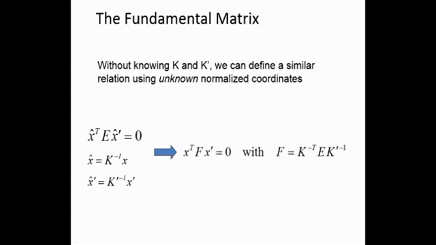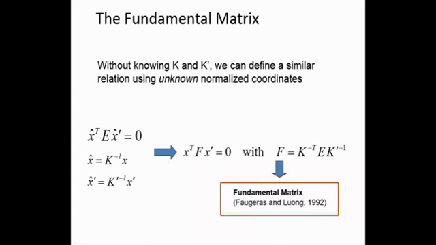If I substitute into my expression for the essential matrix, I get x transpose F x prime equals 0, where F is K inverse transpose E K prime inverse. It's just a simple substitution of K inverse x into here and K prime inverse x prime into here. This is called the fundamental matrix.